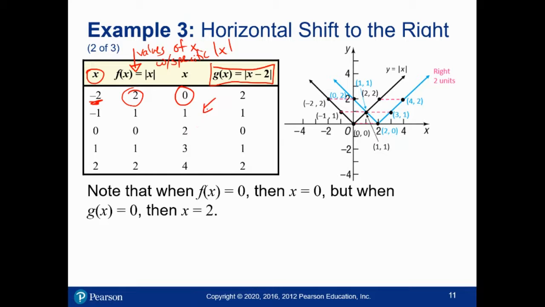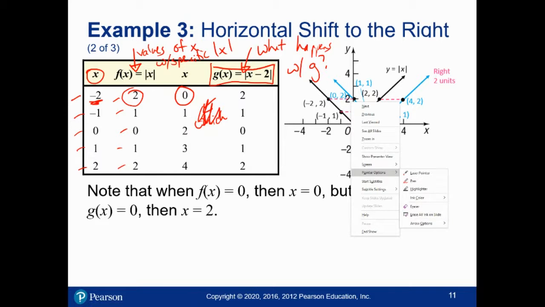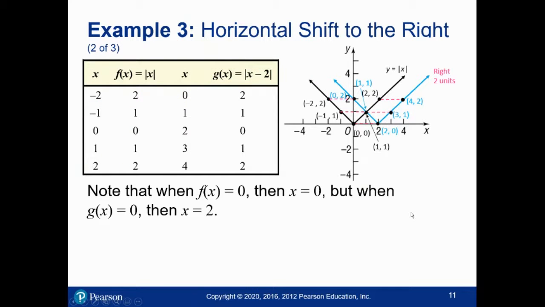And then here, what we're doing is which x's, then in here, what we do is what happens, this column, what happens with g. Okay. So for example, when x goes from minus 2 to minus 1 to 0 to 1 to 2, the absolute value does this pretty predictable thing, 2, 1, 0, and then starts going back up to 1 and 2. But in order to get the same kind of behavior out of g of x, we need different values of x.